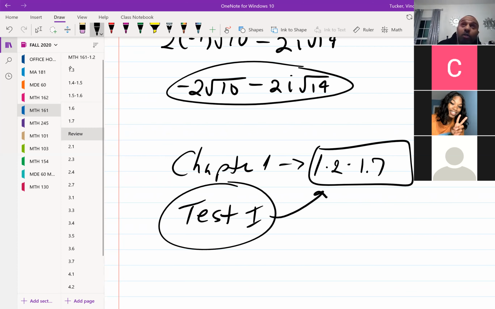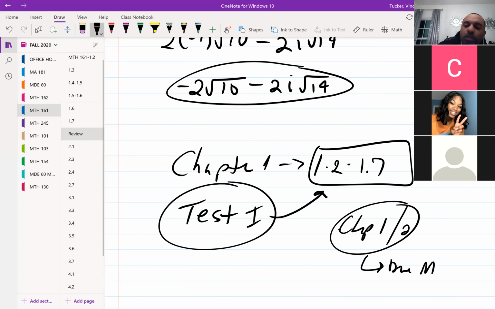All right. So what I believe I'll do for you guys, I need to see when midterm is. So is that the first week in March? I'll look and see. The midterm week is first week in March, maybe second week in March. And so chapters 1 and 2 will probably be due midterm week.